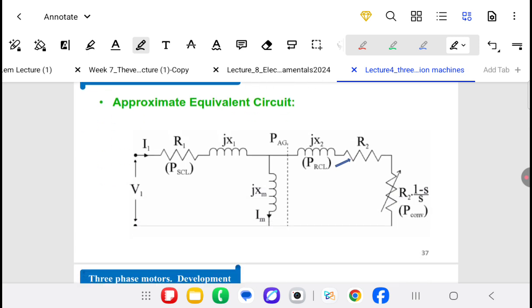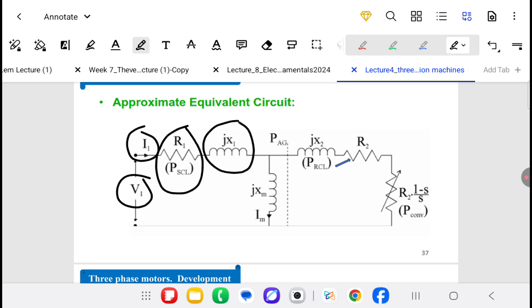The approximate circuit for a phase of a single phase, we have V1, I1 are the stator voltage and the current, stator resistance R1, which accounts for stator copper loss, the magnetizing reactance of the stator coil, then the magnetizing reactance that represents the eddy current.